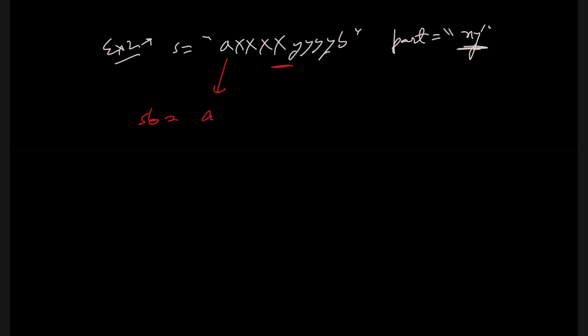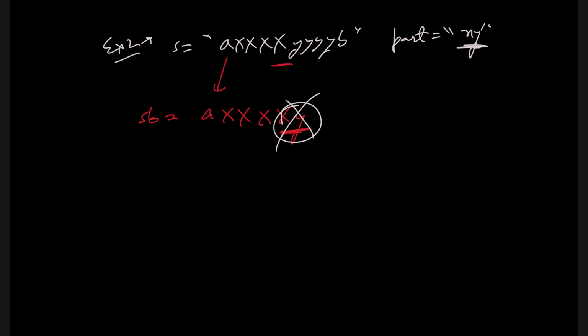A, X, X, X, X and Y. We got our first occurrence here, remove that. Then Y, we got our second occurrence here, so remove that also. Then we have to start from here, right?